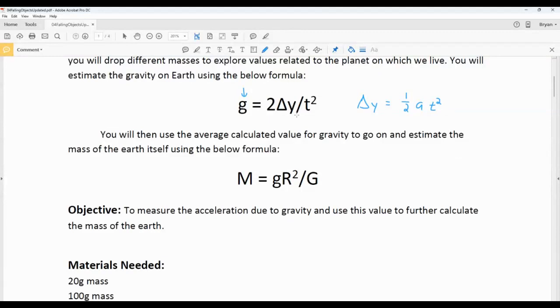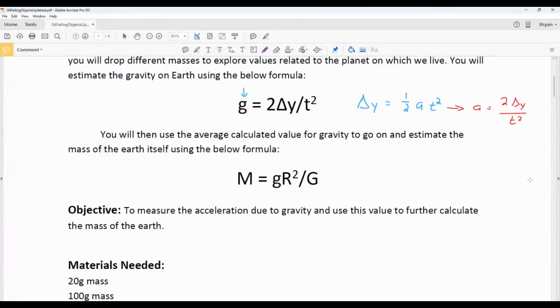Now you may notice that that's not a perfect match to what's here, but it's not too bad to go back and fix it. To get rid of the 1/2, we can double that fraction, and then to move the t squared away, we would just divide. So real quick, by multiplying by 2 and dividing by t squared, we get 2 delta y over t squared.